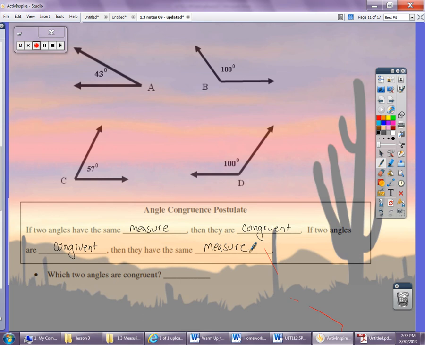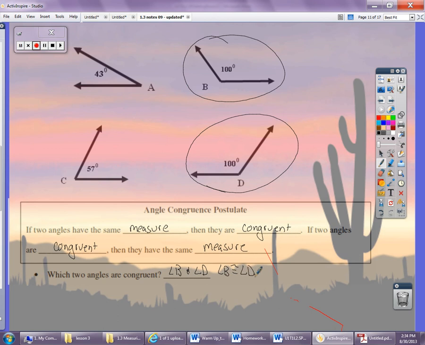So when we look up here, we can discuss, which of these angles are congruent? Well, which ones have the same measures? Angles B and D. They're both 100 degrees. So which two angles are congruent? Angles B and D. We can say that angle B is congruent to angle D.